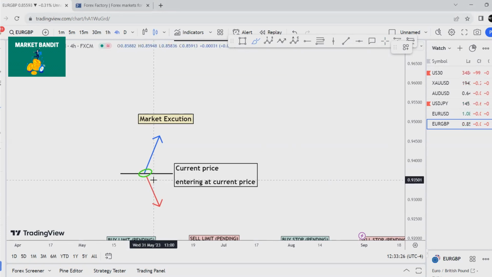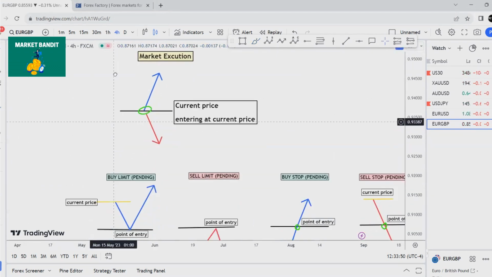You go in your MetaTrader 4 or 5 app, you click on the currency pair or commodity or whatever you're trading, and you click the buy or sell button based on how you're looking to enter the market based on your position. But you're entering at current price in real time.